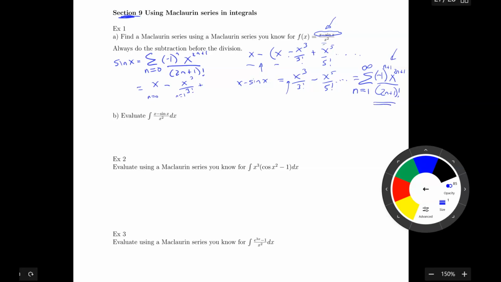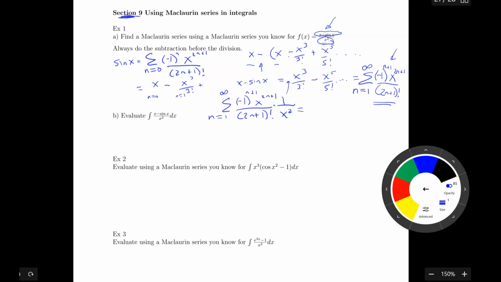So now let's incorporate the x squared. If I want to incorporate the x squared, let me just bring it over here. So it's starting at 1. x to the 2n plus 1, 2n plus 1 factorial. And then I'm going to have the x squared in the denominator, so it's taking this into account.